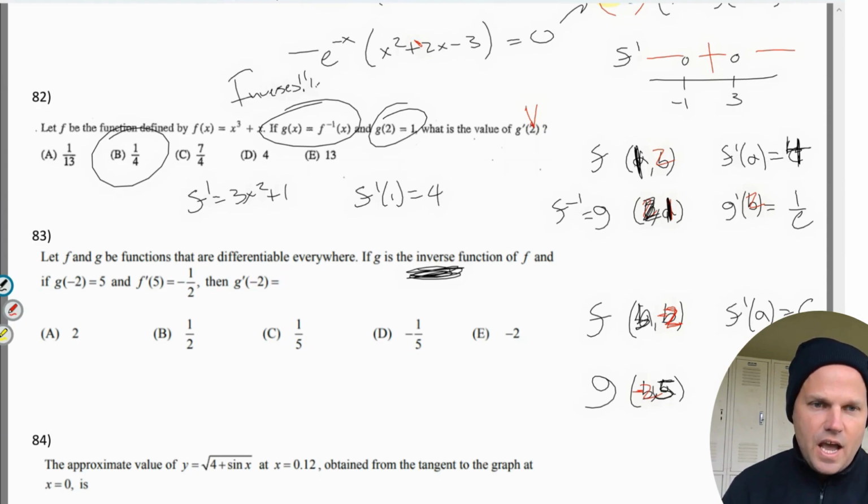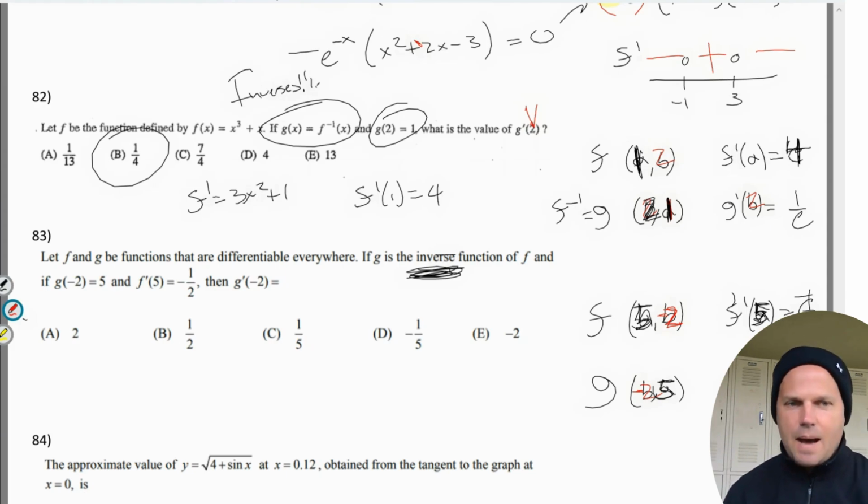So if you tell me F's slope at 5, I will know G's slope at -2. Well, F's slope at 5 is -0.5, which means G's slope at -2 is -2. It's not opposite reciprocals. It's not perpendicular. They're just reciprocals. B's over A's, A's over B's.